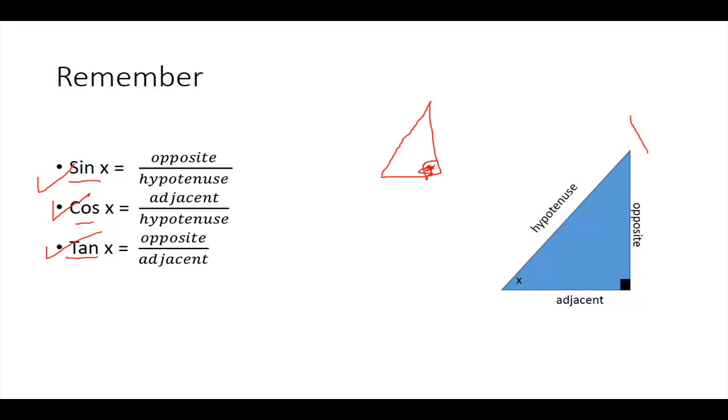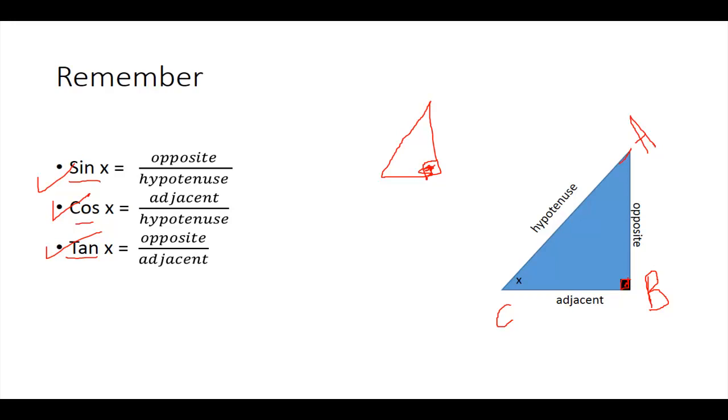So here is the triangle, we have A, B, and C. The triangle must be a right angle triangle, so we have a right angle which is B. Sine is opposite over hypotenuse, but where is the opposite and where is the hypotenuse?